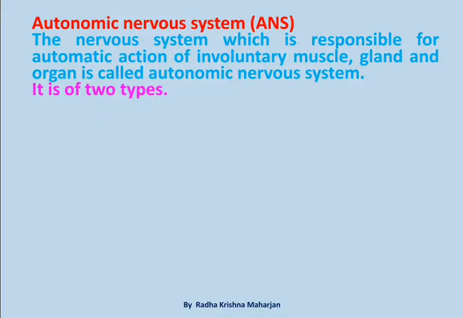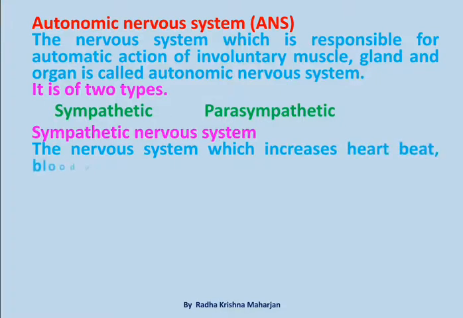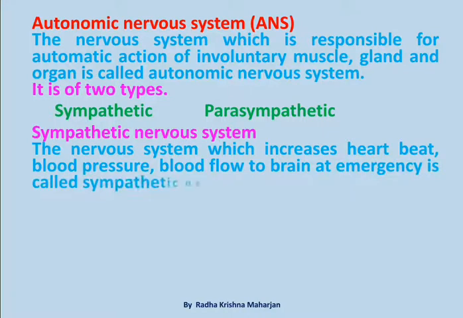It is of two types: sympathetic, parasympathetic. Sympathetic nervous system. The nervous system which increases heartbeat, blood pressure, blood flow to brain at emergency is called sympathetic nervous system.